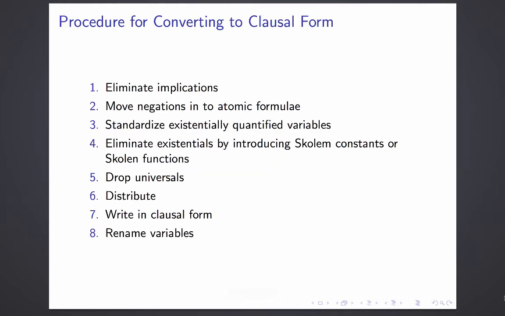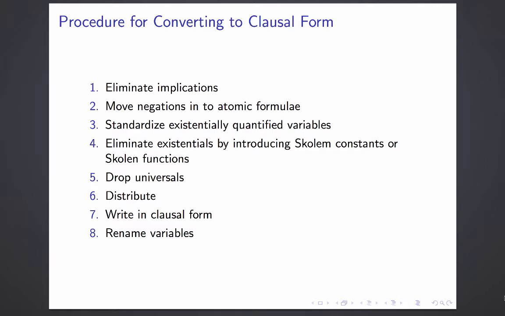So the next step is we have to convert all of these sentences to clausal form. Just remember very quickly that the first step is eliminating implications. Then we move negations into atomic formula. We standardize existentially quantified variables.